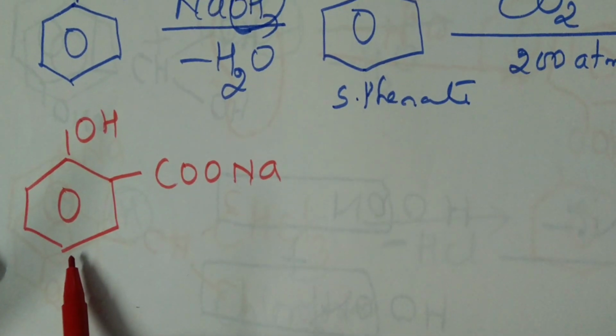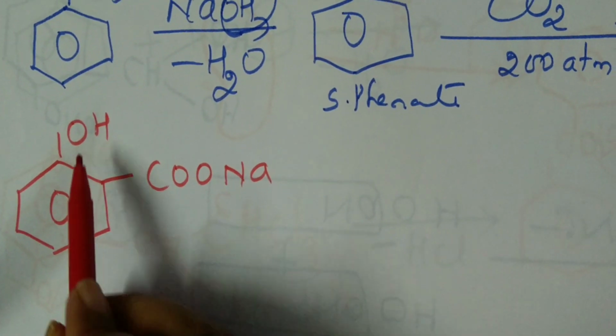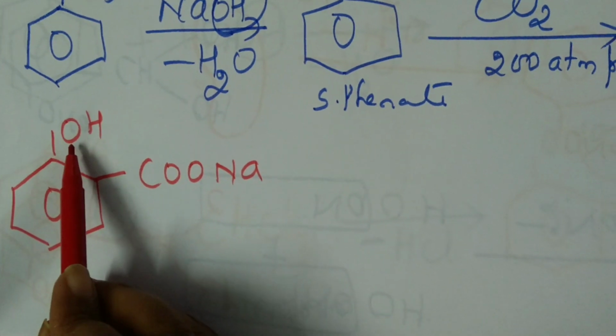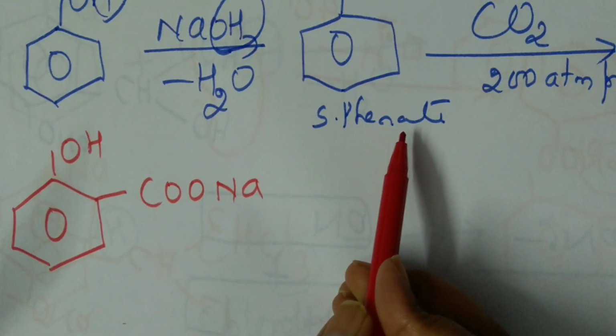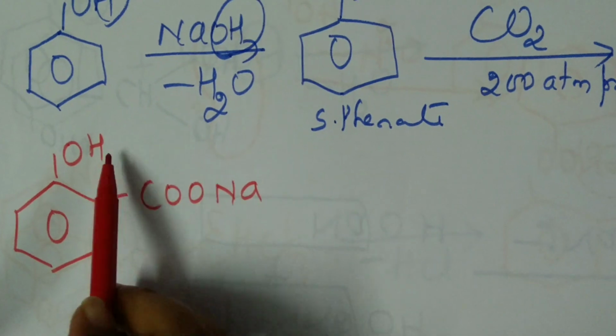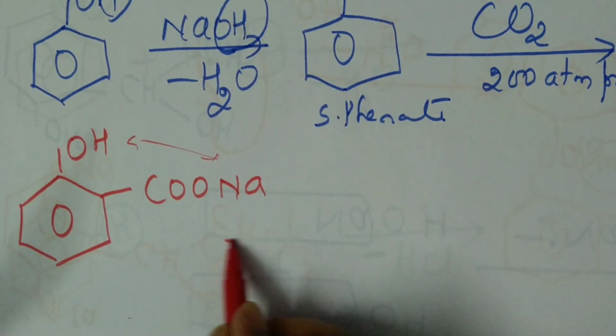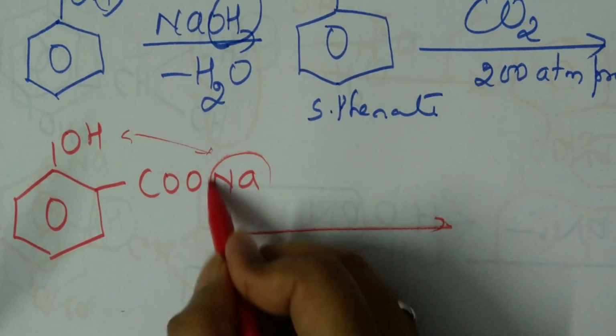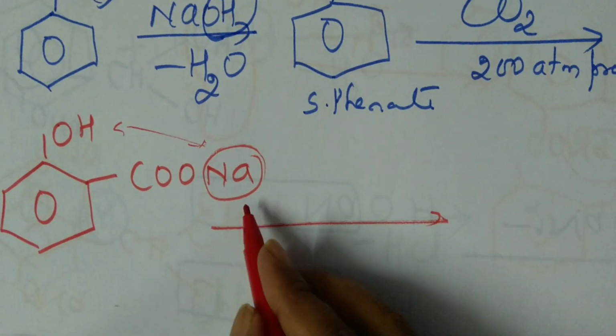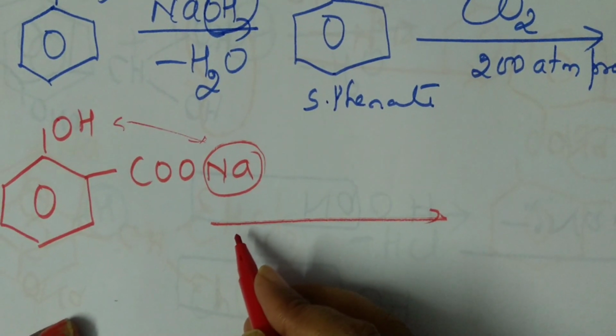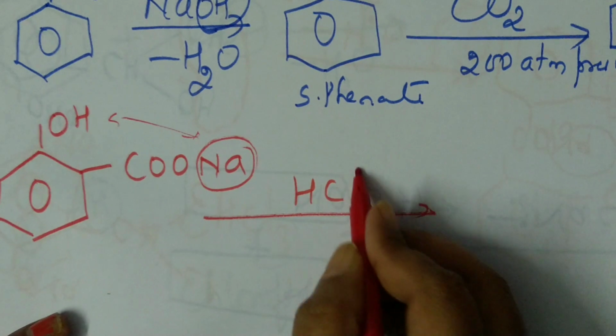Sodium salt of salicylic acid is more stable than sodium phenate. Therefore, this gets exchanged, right? So here, what do I need for salicylic acid? I need to replace it by hydrogen atom. So what should I do? Go for acidification.